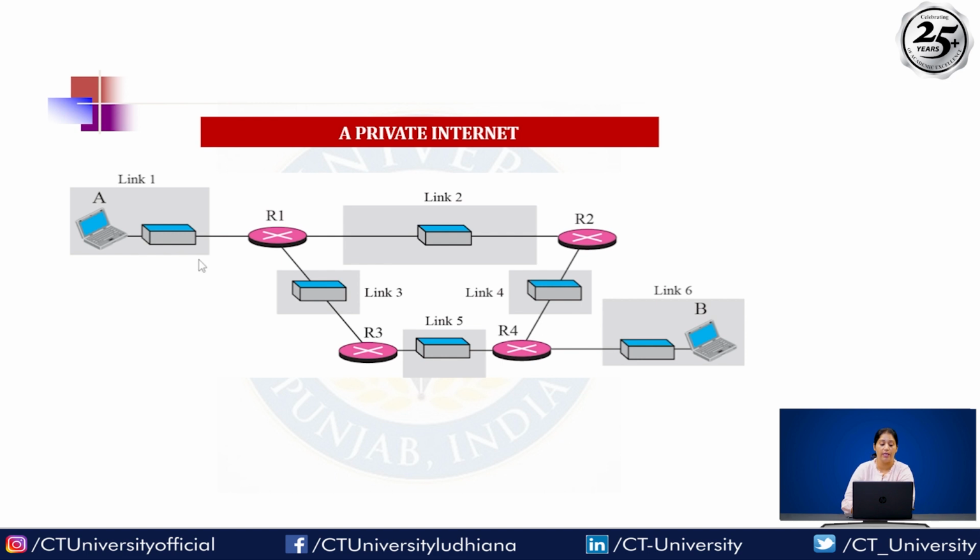From A, data will follow the route R1, then the devices linked with R1, which are R3 and R2. Then the next link device, then the third, and like this it will reach link 6.